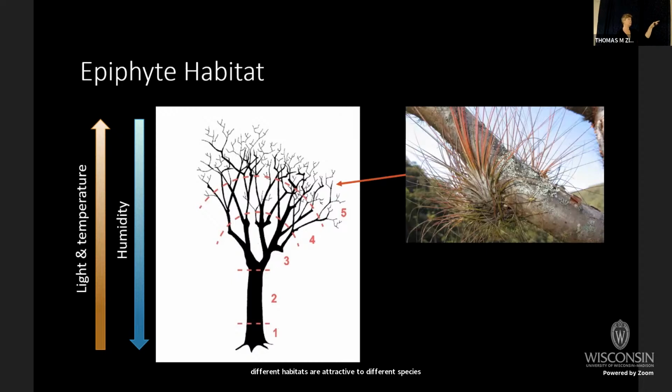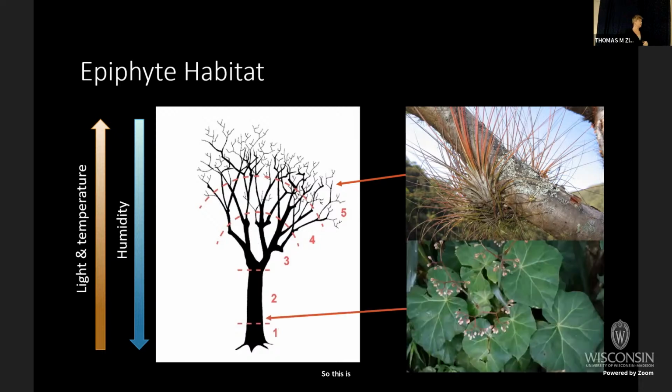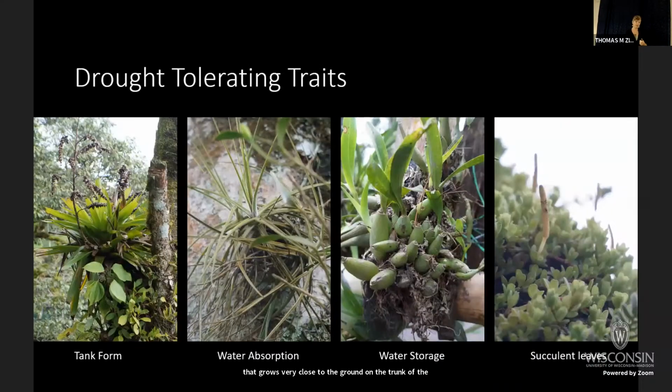So this is a bromeliad that grows out on the outer branch tips of the tree. And then this is a begonia, actually, that grows very close to the ground on the trunk of the tree. And these plants have really different characteristics. In the outer branches, we're seeing some of these drought tolerating traits across the species.